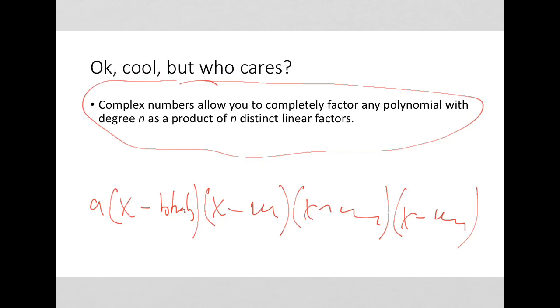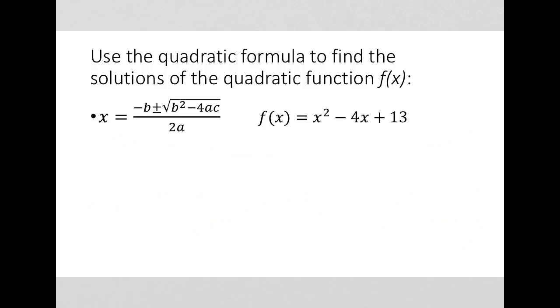And maybe all of those factors are real and you get 4 real solutions, or maybe 2 of them are real and 2 of them are imaginary, or maybe all of them are imaginary and there are no real solutions. But either way, we can do it, and that's pretty cool, because you used to think that you couldn't do that with some quadratics, but now you know you can. So let's actually do that now.